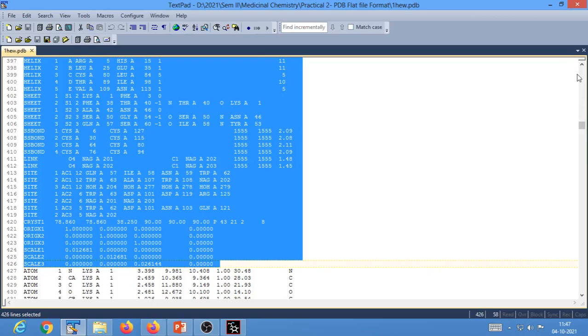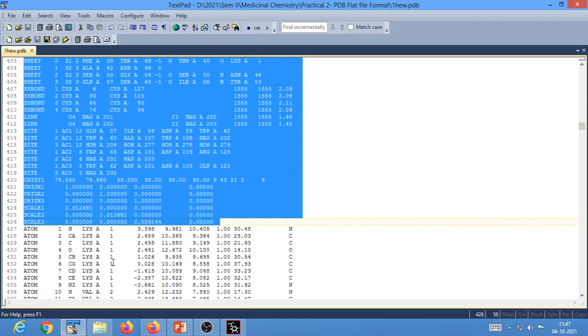So you can guess the length of your annotation section from here. From the first line to line number 426, whatever data is present, you can consider it the annotation section of your PDB. And whatever lines in your PDB file begin with the keyword ATOM or HETATM, and CONECT lines, those represent your coordinate information.